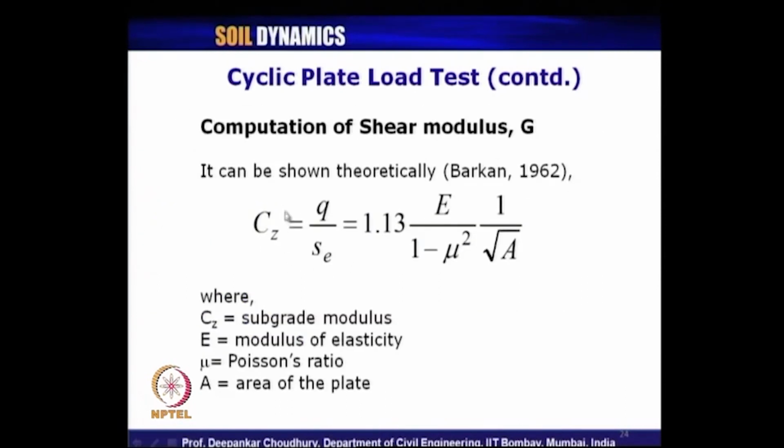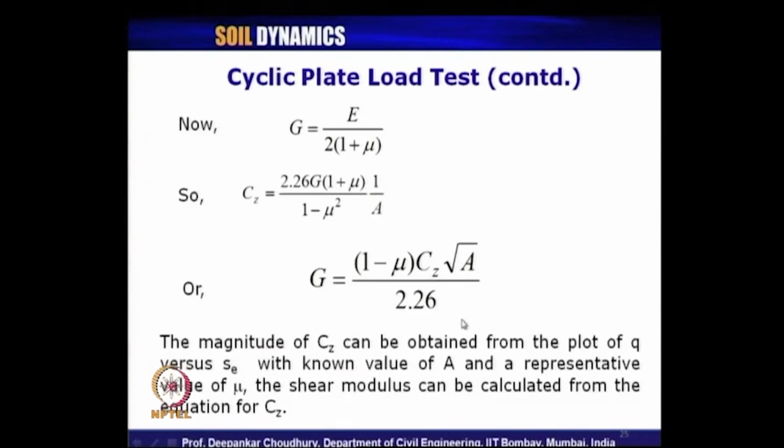So, using the cyclic plate load test, we have already obtained Cz. If Poisson's ratio of the soil is known, and the area of the plate, whatever you are calculating, correspondingly you can get the value of E, the modulus of elasticity. How can you use it to obtain the value of G of the soil?